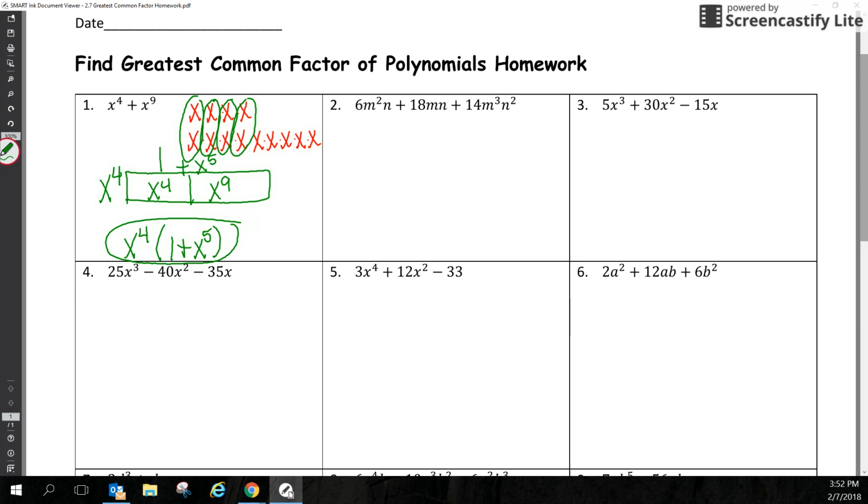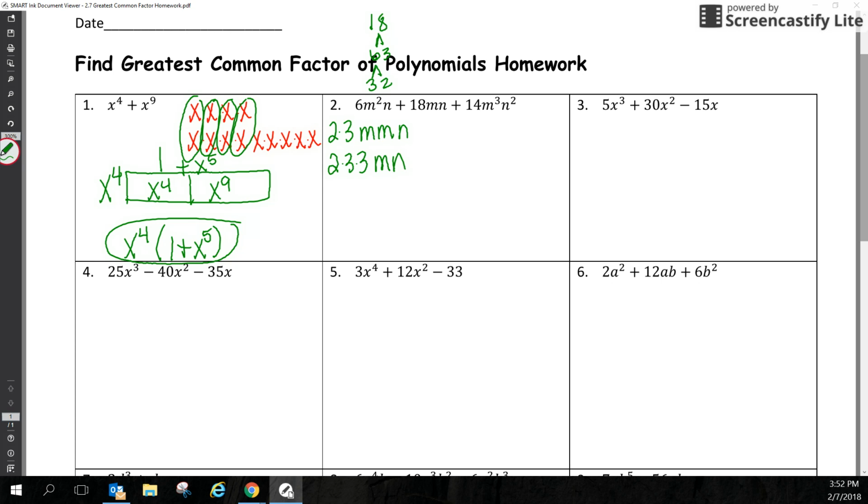All right, number 2. Looking at our first term, my factors of 6 are 2, 3, and I've got 2 m's and an n. My factors of 18 would be 6 times 3, and 6 is 3 times 2, so I've got 2 times 3 times 3, 1 m, 1 n.